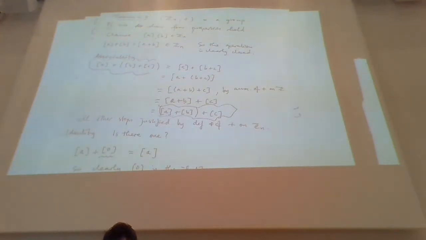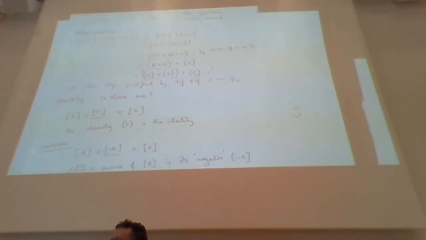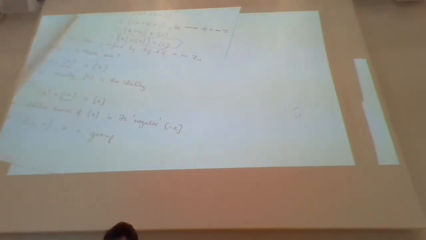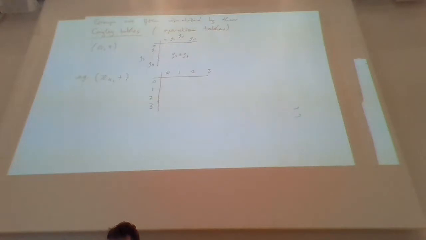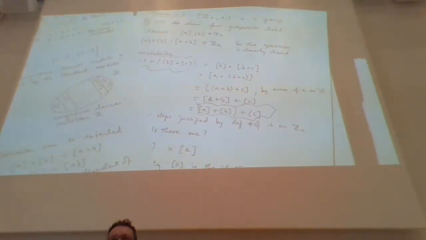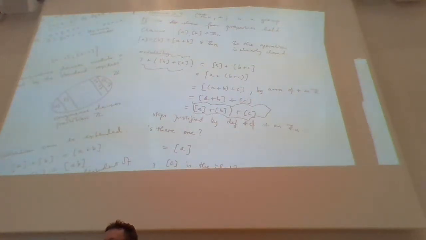Mathematicians like to be efficient and quick. Did these square brackets really serve a purpose? Well, of course they did. They're there to remind us that we're not talking about integers now. We're talking about congruence classes of integers.